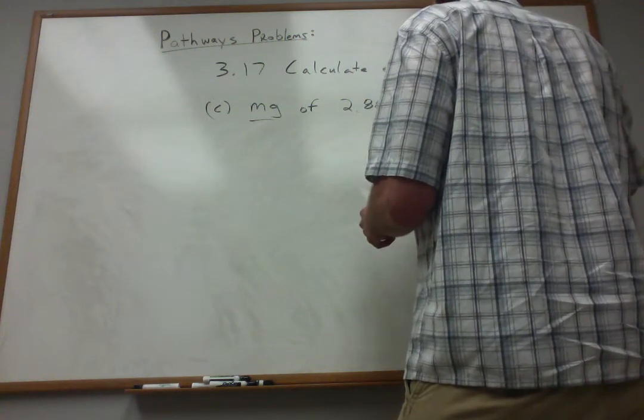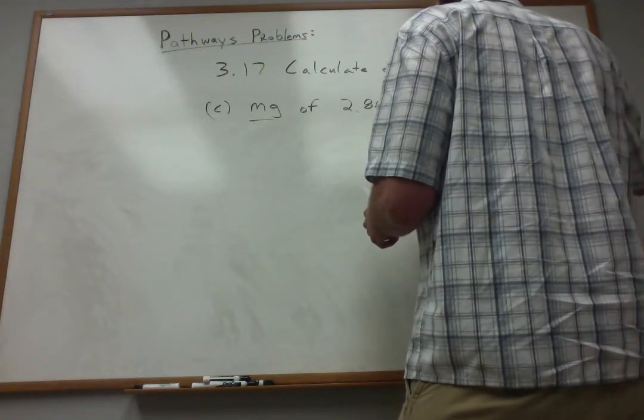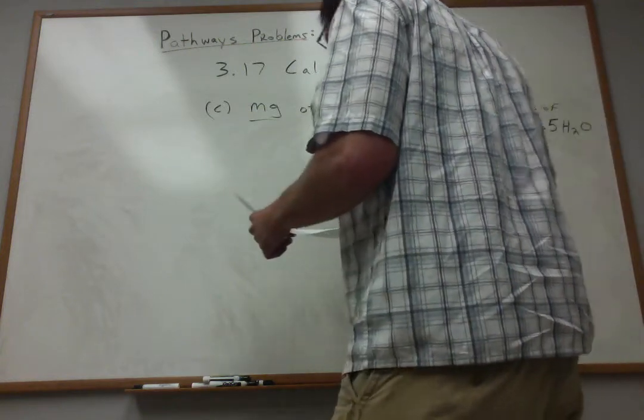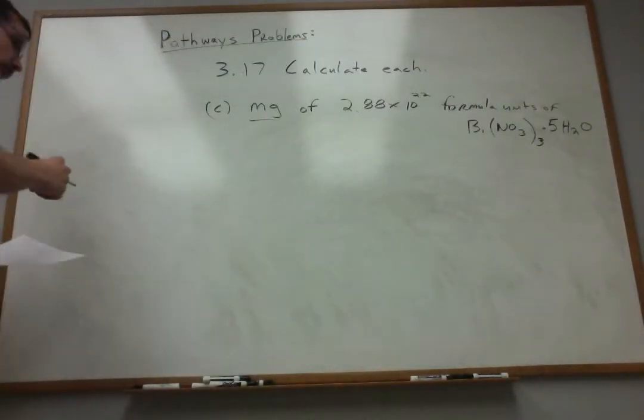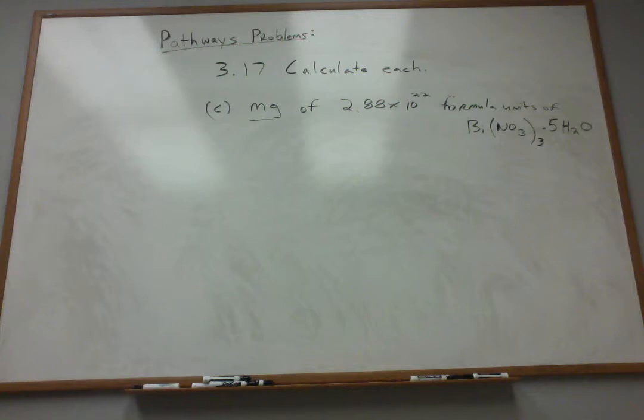So another hydrate. All right, so we're given 2.88 times 10 to the 22nd formula units of bismuth nitrate pentahydrate, and we want to know how many milligrams that corresponds to.